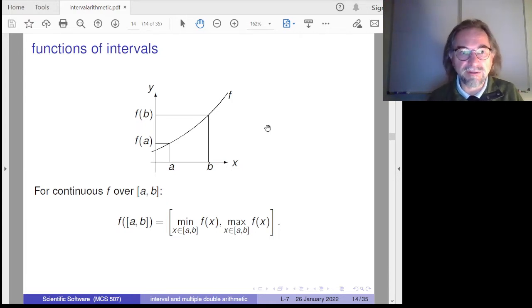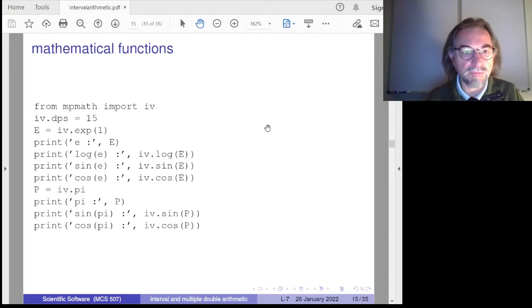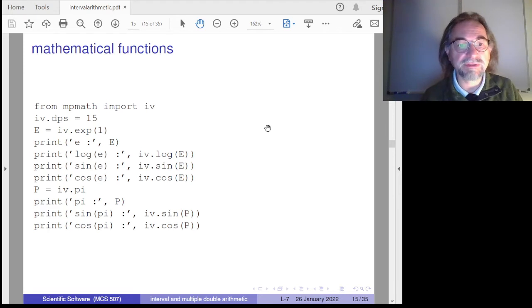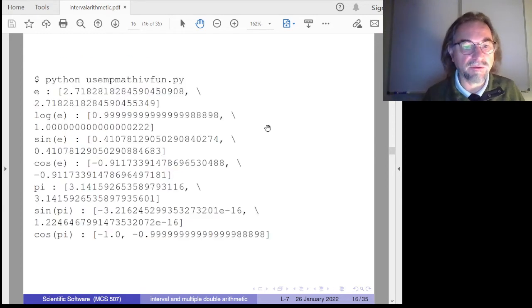For any function that you define, for any continuous function, we have this property for interval arithmetic. All the mathematical functions are predefined as well. So we have the logarithm, the sine function, the cosine function. Pi is, of course, available too. And here you see all the outcomes.